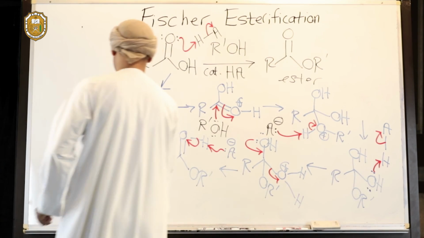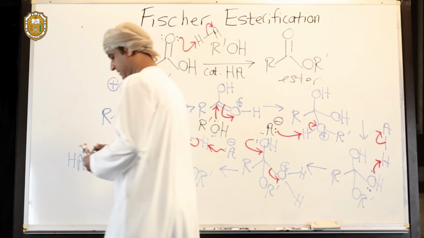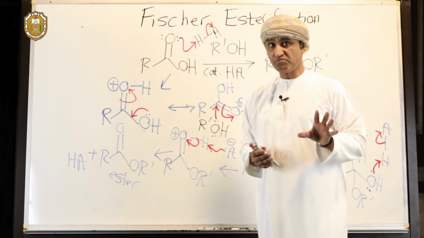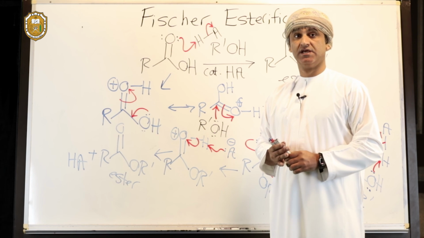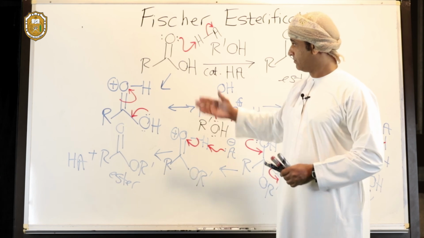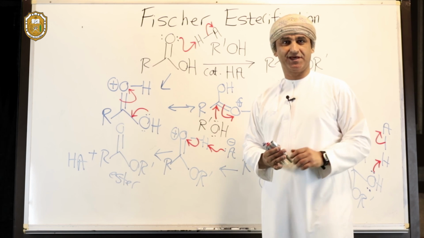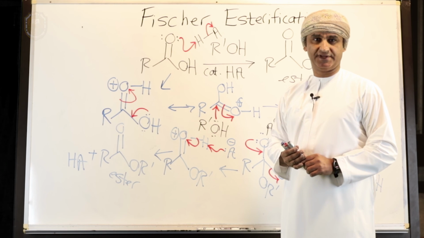We can actually write it also. So it's plus HA, the acid catalyst, because it's using catalytic amount. So in summary, the Fischer esterification reaction is an important reaction for transforming carboxylic acids into esters by reacting the carboxylic acid with an alcohol in the presence of an acid catalyst.